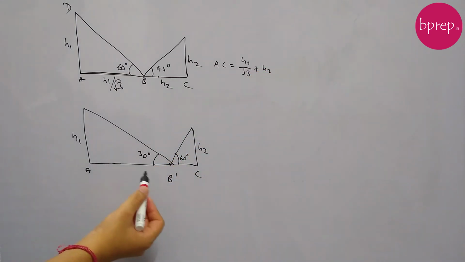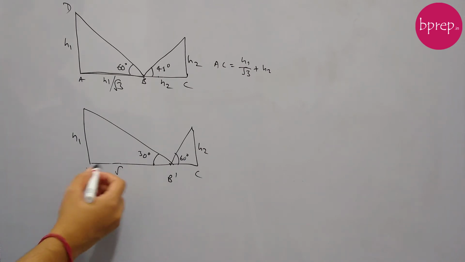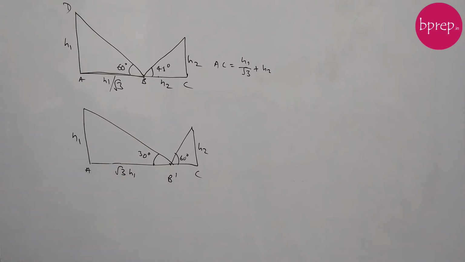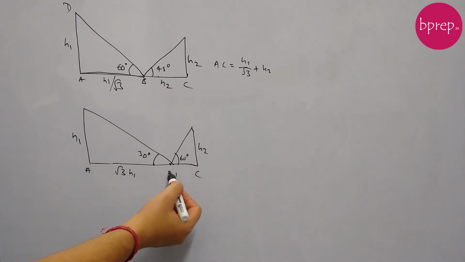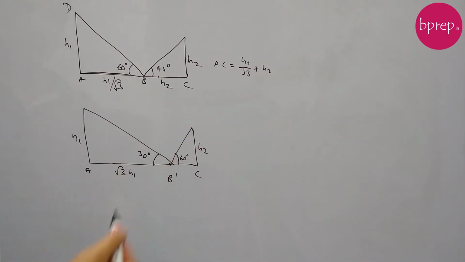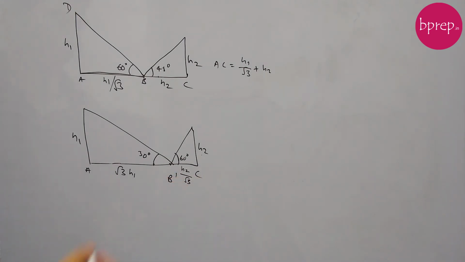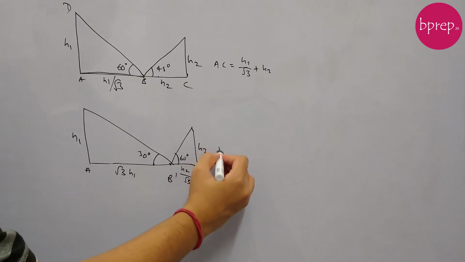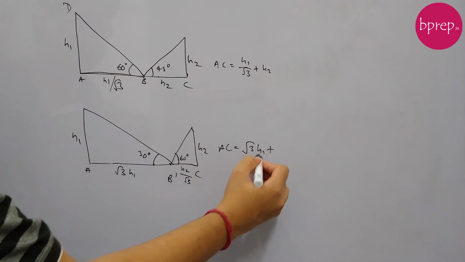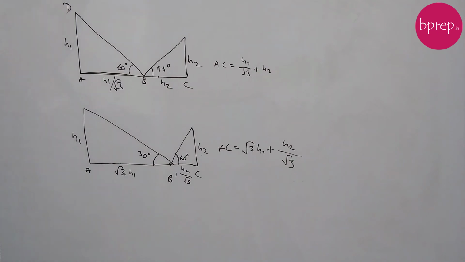And from this case again, if this is 30 degree, this is h1, then AB dash will be root 3 h1, and if this height is h2, this angle is 60 degree, using the cot 60 formula we can write this is h2 by root 3, right, B dash C. So from here what we get, AC equals root 3 h1 plus h2 by root 3, okay.